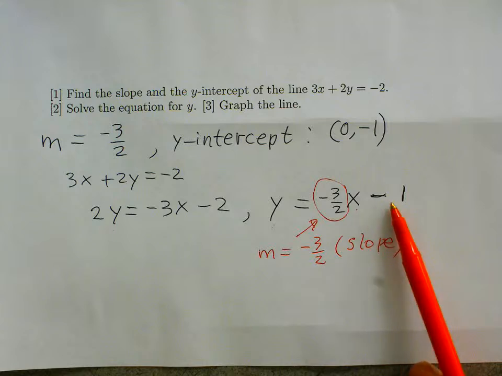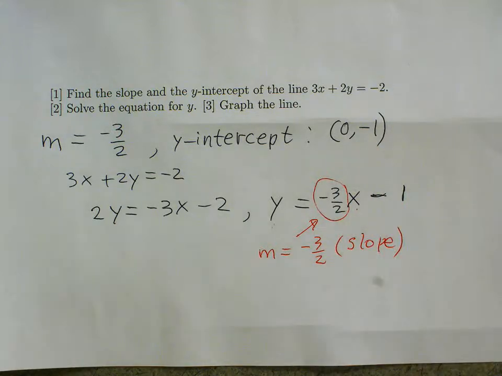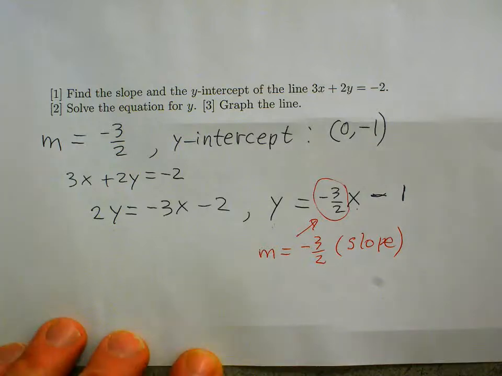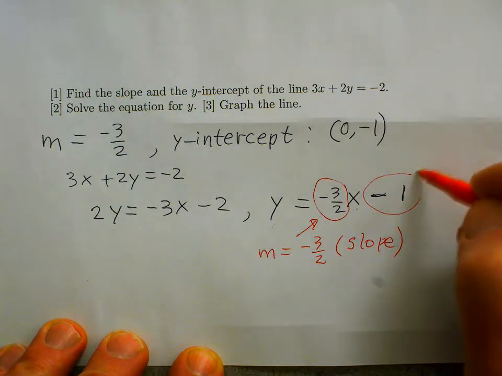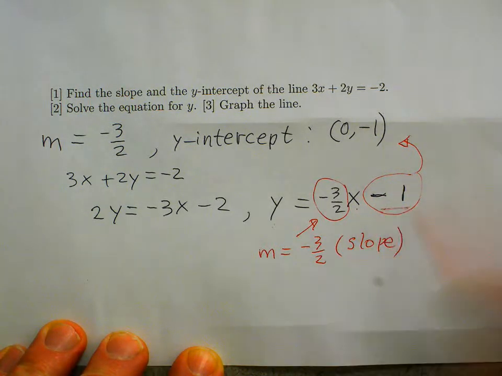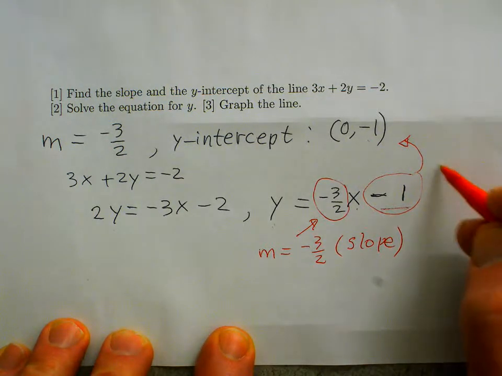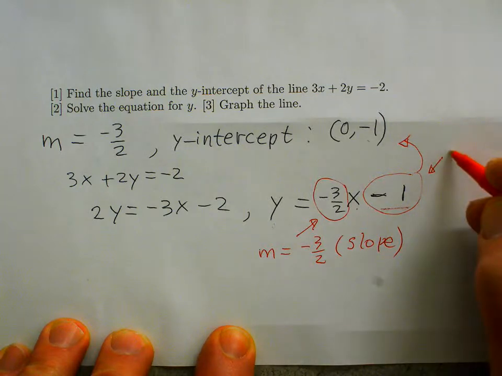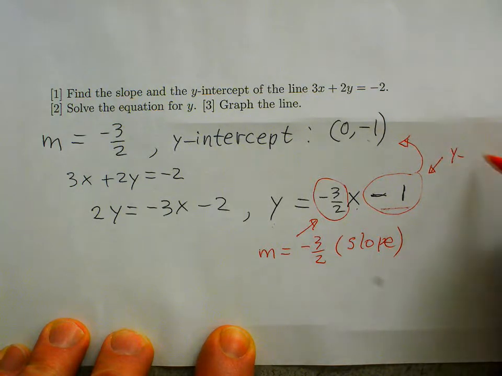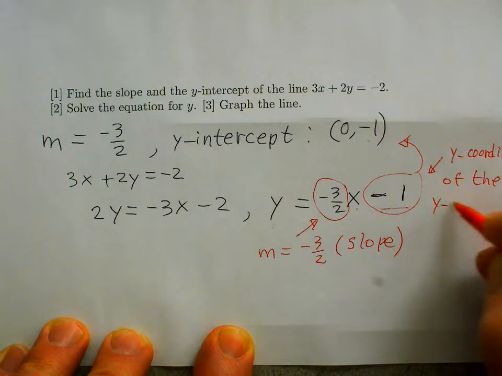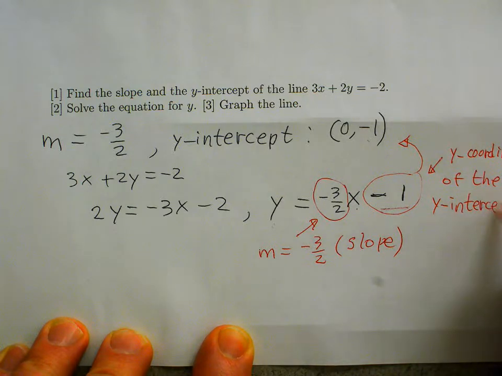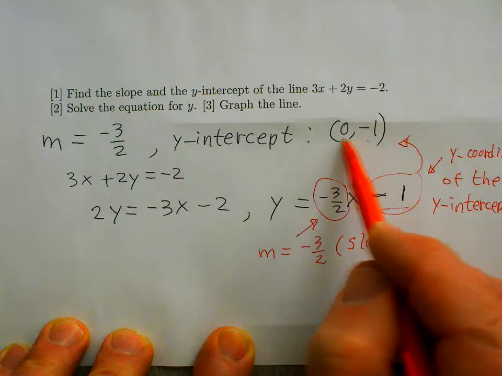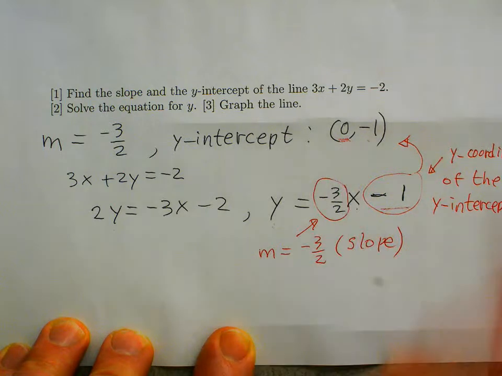So this number is the y-coordinate of the y-intercept. So I'll make a note of that: the y-coordinate of the y-intercept. And then you automatically will know that the x-coordinate of the y-intercept is 0.